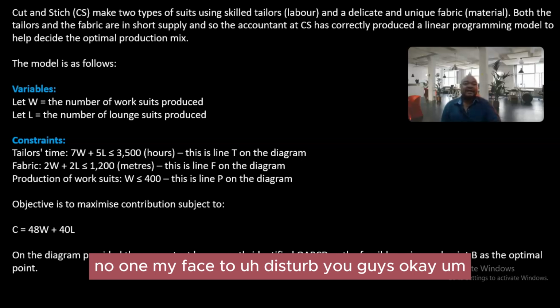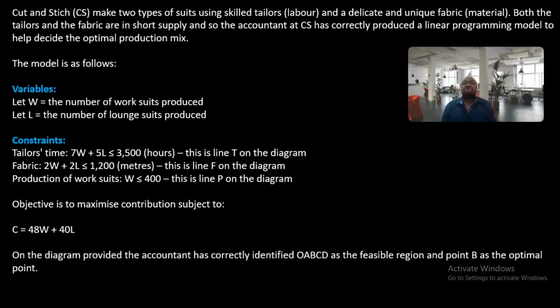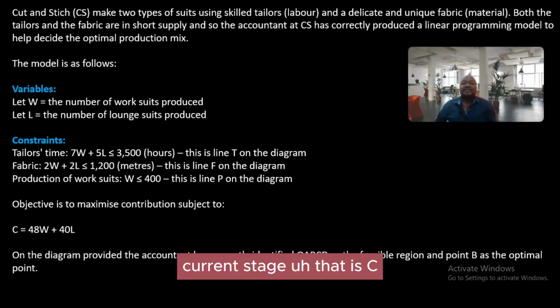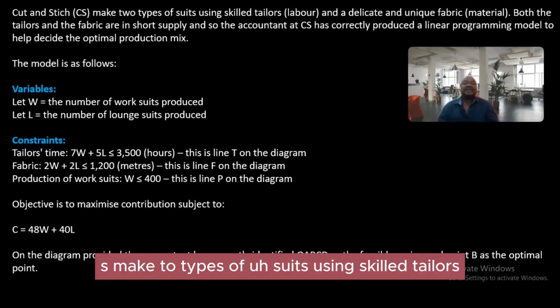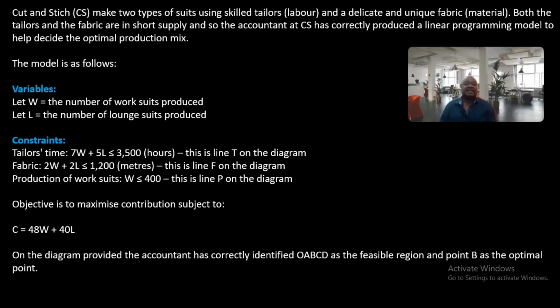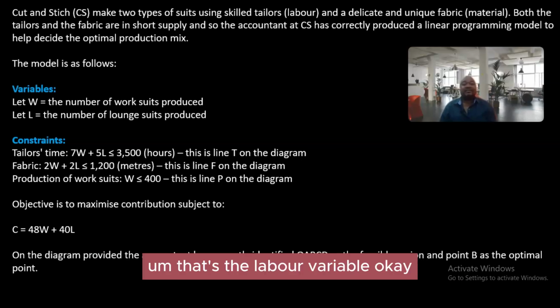Cut and Stitch, that is CS, make two types of suits using skilled tailors. That's the labor variable.